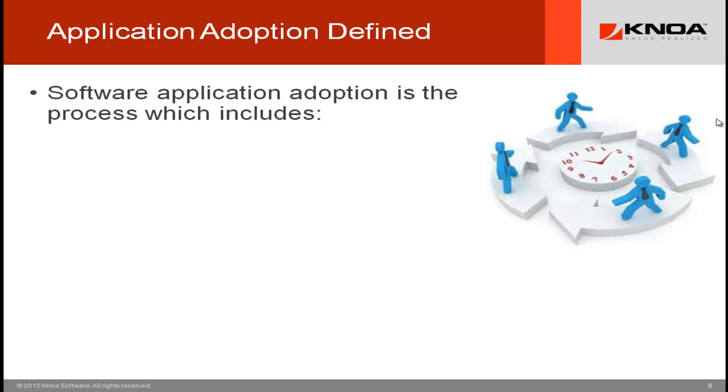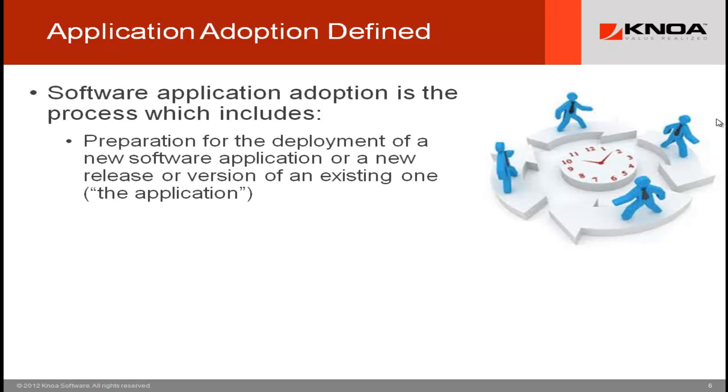So let's first take a look at this phenomenon, the enthusiasm and excitement that goes around with application adoption, and talk about what it really is. So software application adoption is a process which includes first, the preparation for the deployment of a new software application or a new release or version of an existing one.